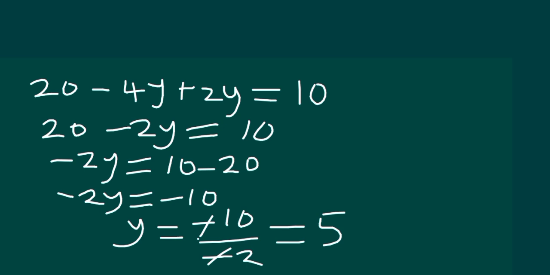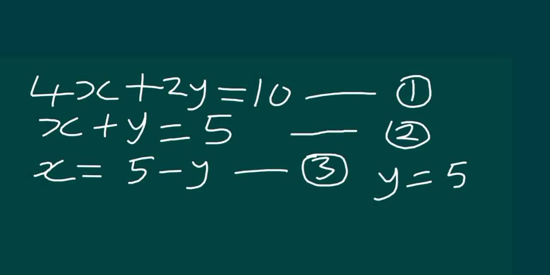And therefore our y is equal to 5. Now that we have gotten the value of our y, which is 5, we can easily substitute our y to find x in any of the three equations. But you will agree with me that it is far easier to find x in equation 3, and we simply substitute the value of y, which is 5, to find x in equation 3. So in equation 3, we have x is equal to 5 minus y, and the value of our y is equal to 5.